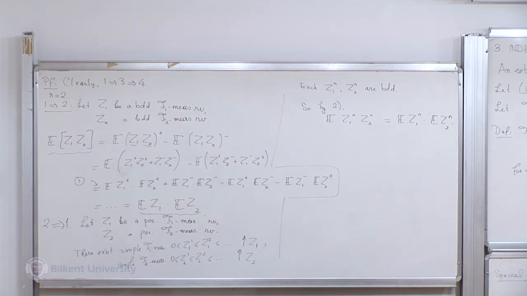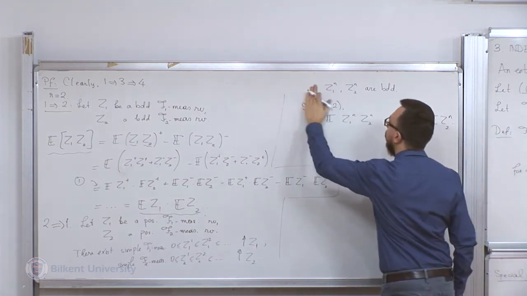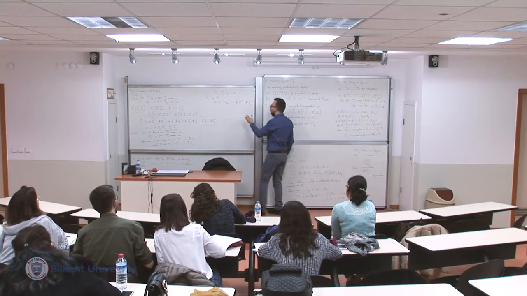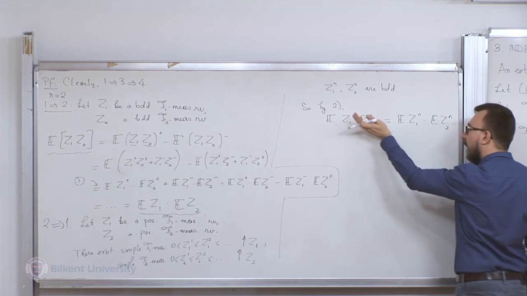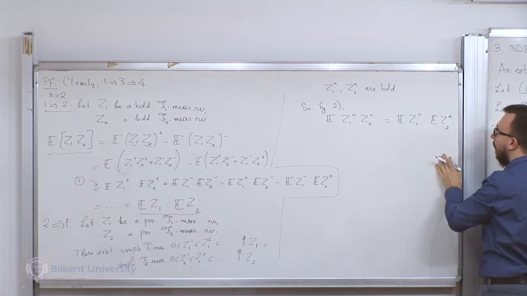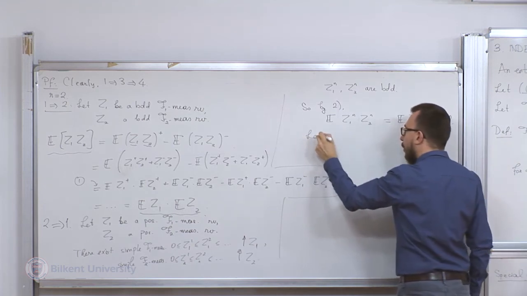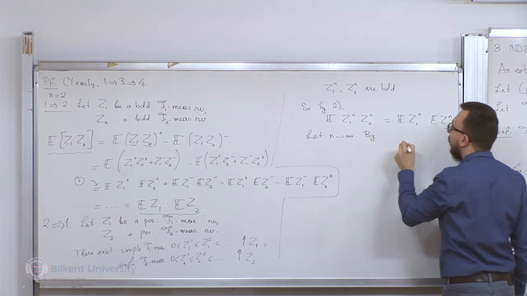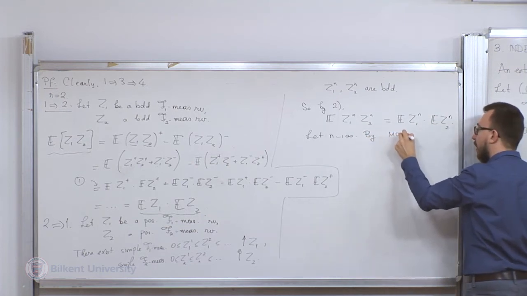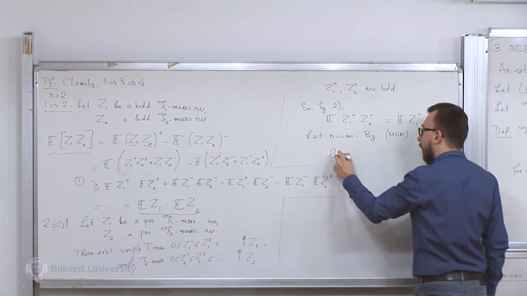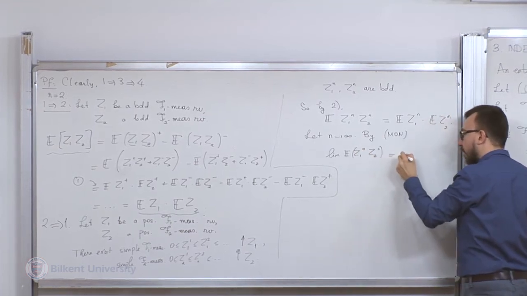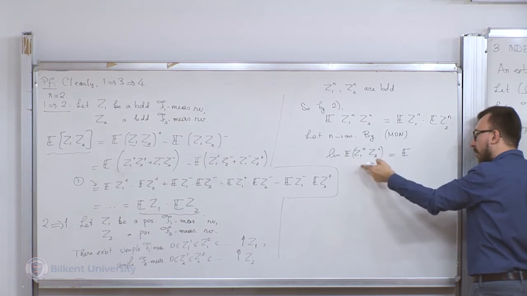We have by number 2 that this relationship holds because Z1n and Z2n are bounded random variables. So all we have to do is to let n go to infinity. And by using monotone convergence theorem, since we have monotonicity, this product also goes to what?